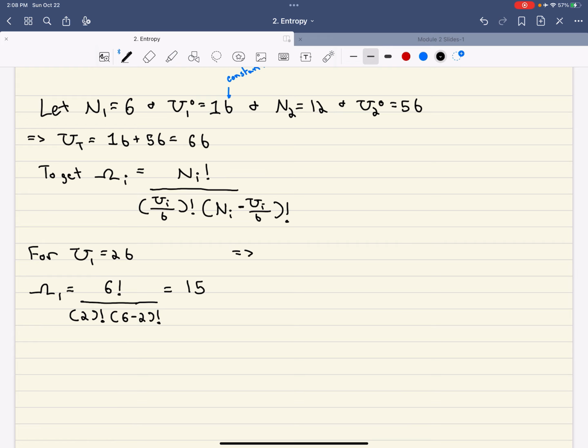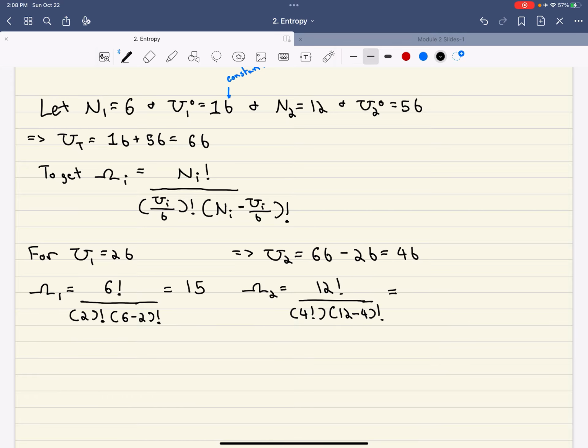In contrast, if we take a look at subsystem 2, its total internal energy would be UT, which is just 6b, and we would subtract off U1. And so the number we get is 4b. Okay? And so omega 2, in this case, would be 12 factorial divided by 4 factorial times 12 minus 4 factorial.